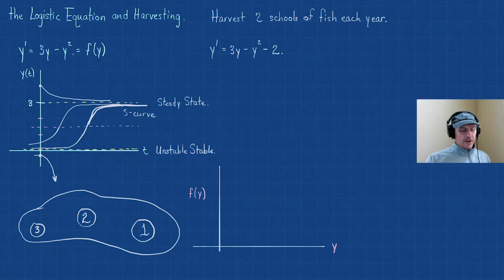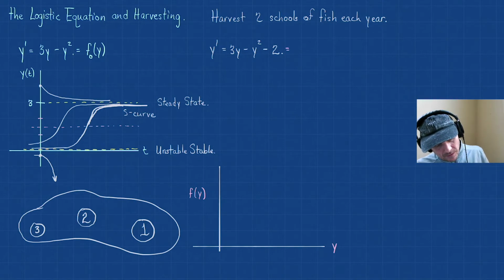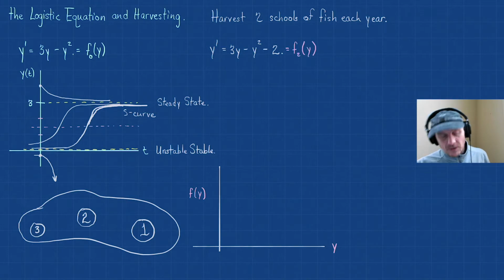So let's graph. I'm going to call this the first f of y. We'll call this f naught for no harvesting. And this next one that I've written down, we'll call f2 of y because we're harvesting 2 fish. So let's graph f naught. We'll do that in blue.